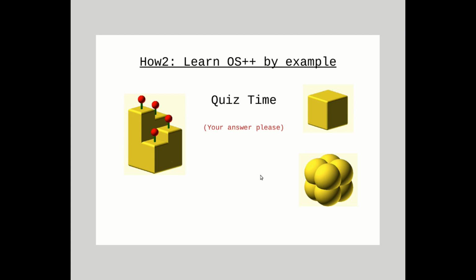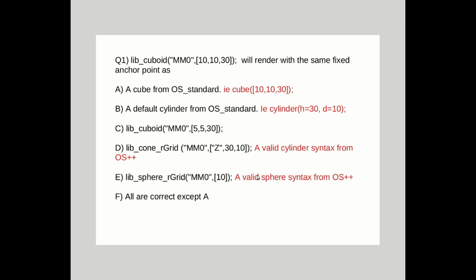Quiz time. Question number 1. Lib cuboid MMO 101030 will render with the same fixed anchor point as: Option A, a cube from OpenSCAD standard. Option B, a default cylinder from OpenSCAD standard.